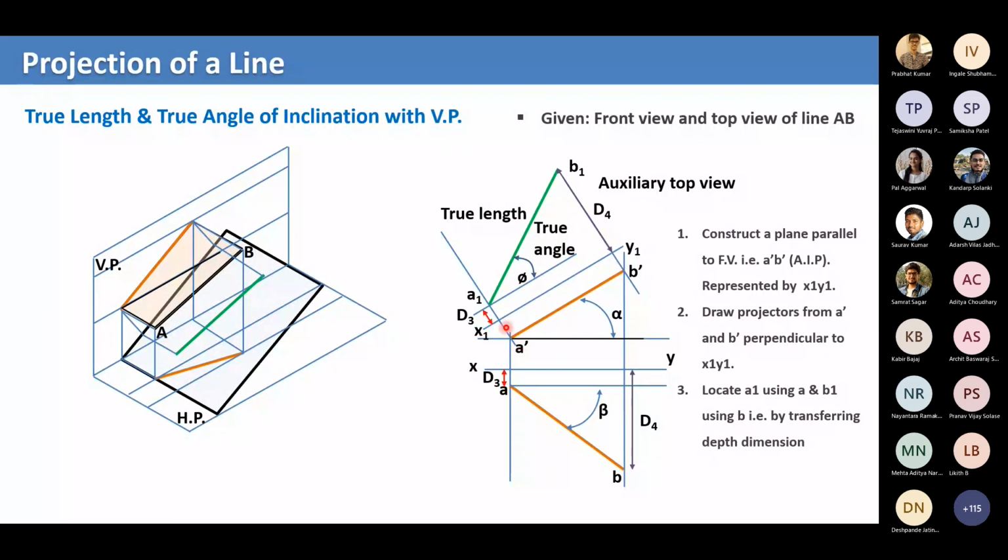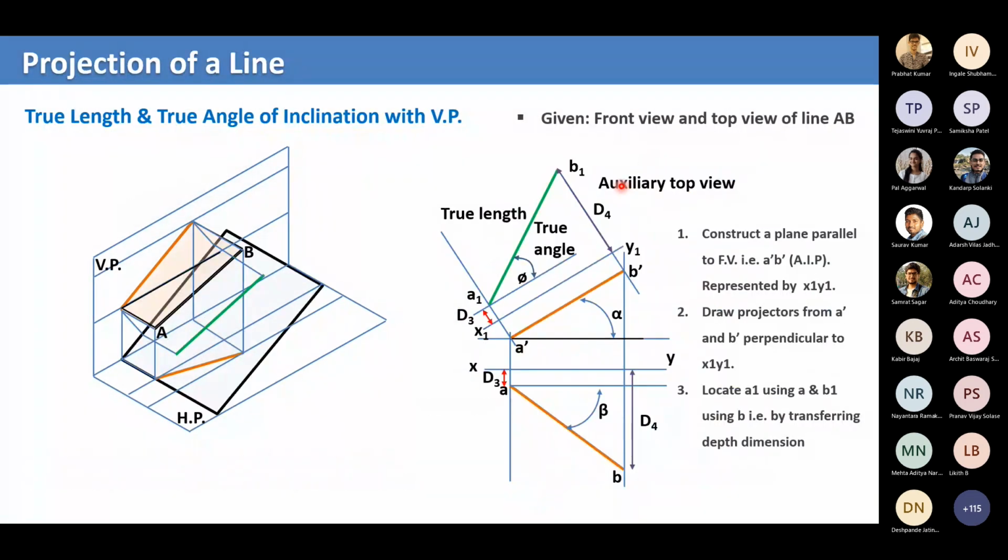And this is the extension line. You take the dimensions from the top view, D3 and D4, and you mark them on the auxiliary plane, D3, D4, and you get the points A1, B1, and you join them. You get the true length of the line in the auxiliary view.